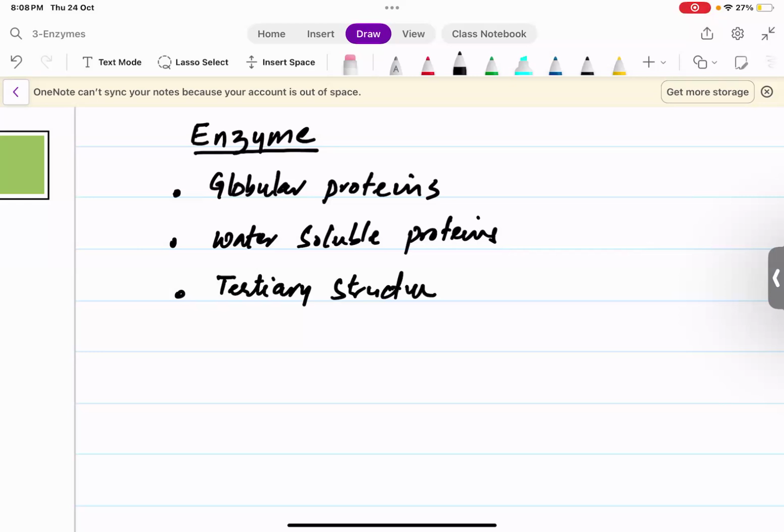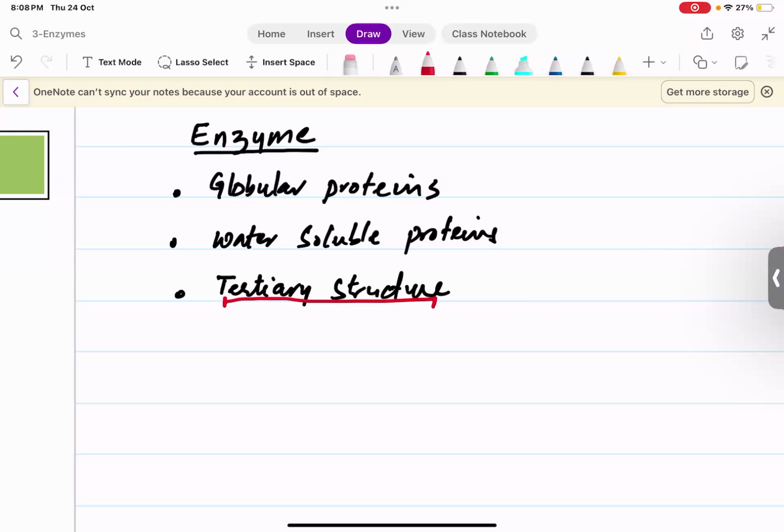It means that they have a single polypeptide with a 3D shape, and tertiary structure involves 4 forces that we have discussed in the biological molecules: hydrogen bonding, ionic bonding, hydrophobic interactions, and disulfide linkages. We'll discuss the significance of these bonding in the shape or in the activity of enzymes.